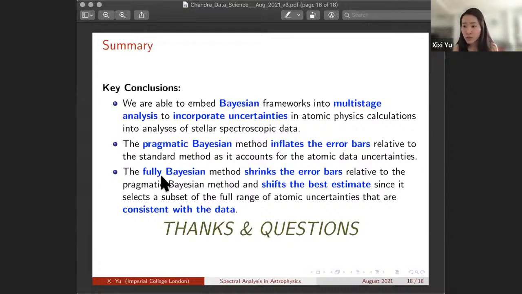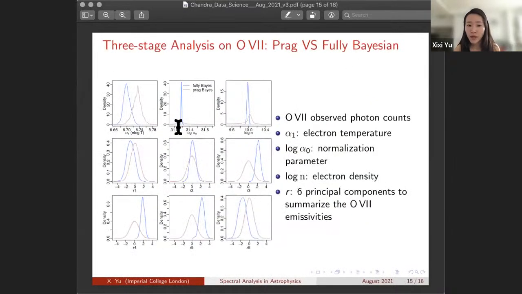And then according to the results in this plot, we can see we do have smaller error bars under the fully Bayesian model compared to the pragmatic Bayesian model. That indicates that the data does provide information to let us choose a small subset of emissivities, and those emissivities would contribute more to the estimation of parameters.